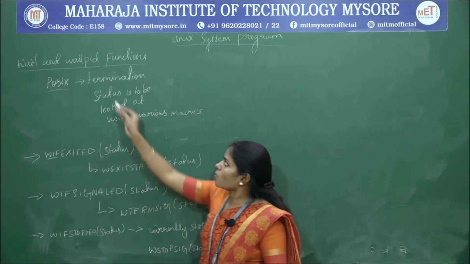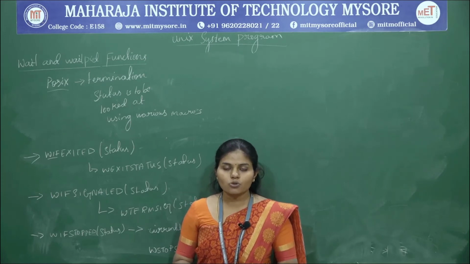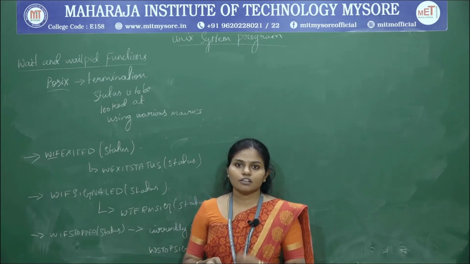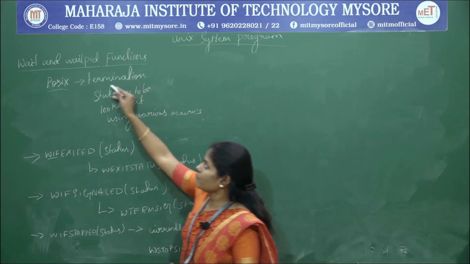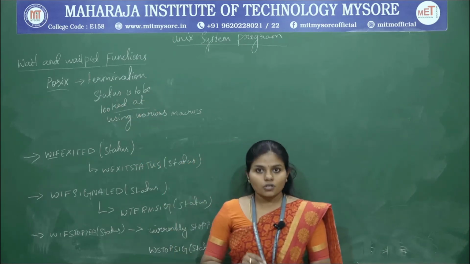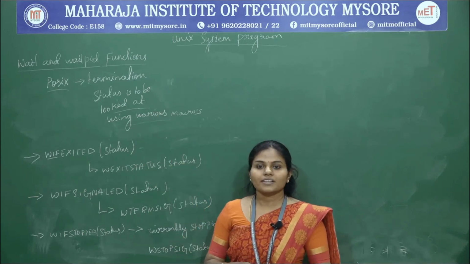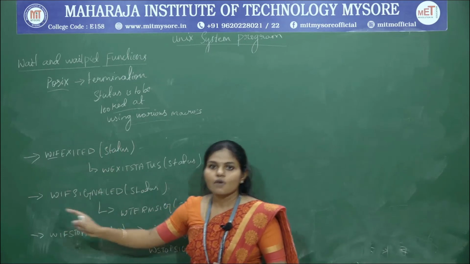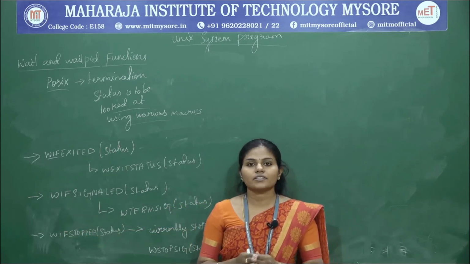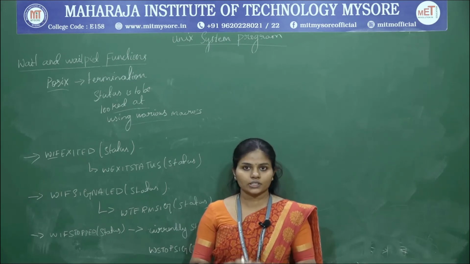The POSIX operating system makes use of macros to get the status information. What does that mean? The termination status is to be looked at using various macros. By using these macros, we can fetch the termination status value for a particular child.